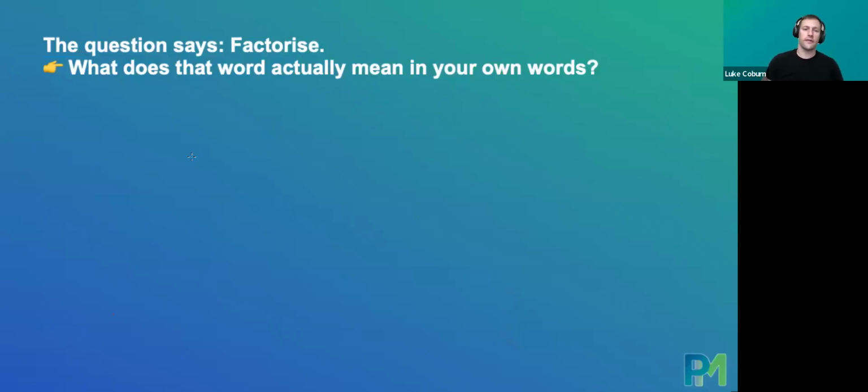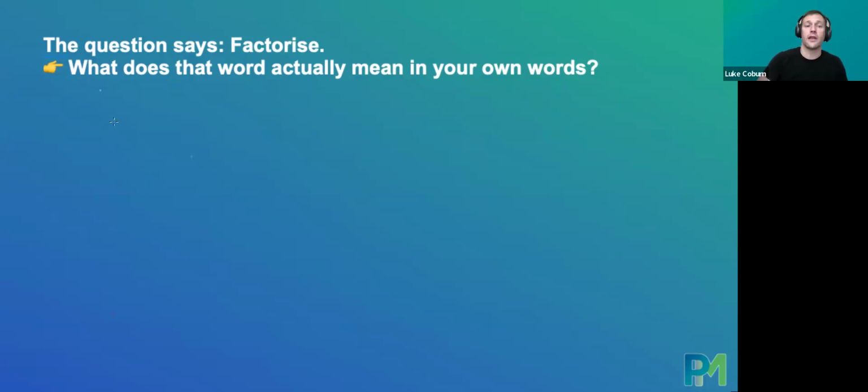So the first thing I want to ask you is, when we say factorize, what do you actually think about? With factorizing, what we're doing is taking a number and breaking it down into a bunch of smaller numbers that we can multiply together.